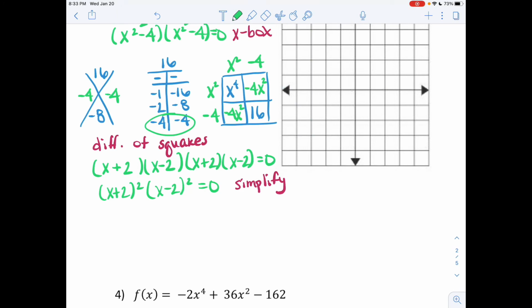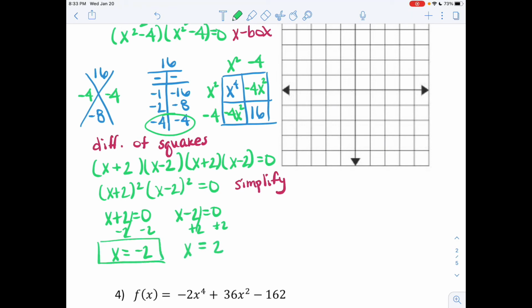So I want to set each of my factors equal to 0. I have an x plus 2 factor and an x minus 2 factor. And so when I subtract 2 from both sides, this will give me x is equal to negative 2. When I add 2 to both sides, this will give me that x is equal to a positive 2. We want to remember, though, that both of these were stated twice.